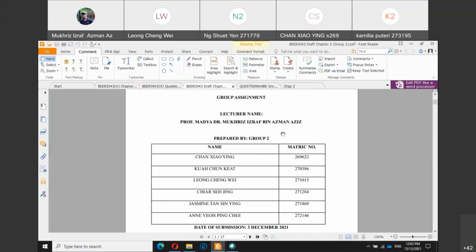We are group 2. You have 6 members. Everyone seems so quiet. Where are Kuah, Leong, Chia, Jasmine, and... nobody. Everyone has disappeared. Hello, sir. Why do you all have to wait 10 minutes before you speak up? Are you all sleeping or what?